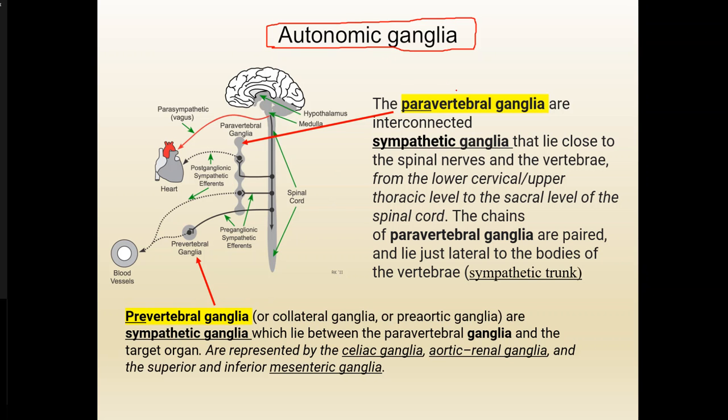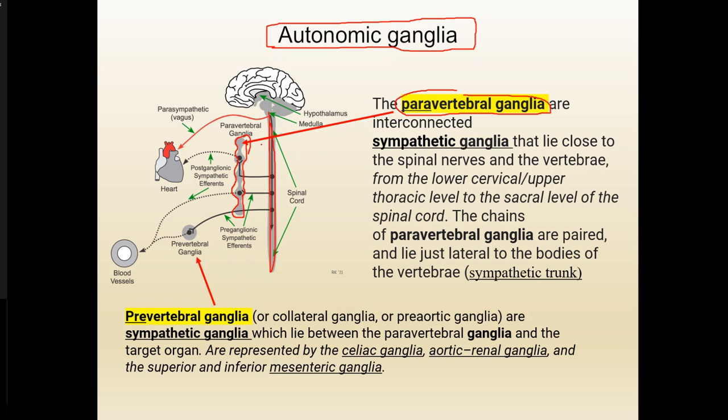One is the paravertebral ganglia. Paravertebral means that they are parallel to the vertebral column. There is a set of ganglia, and this is just a schematic representation. I'll show you a better, more comprehensive picture in the next slide.